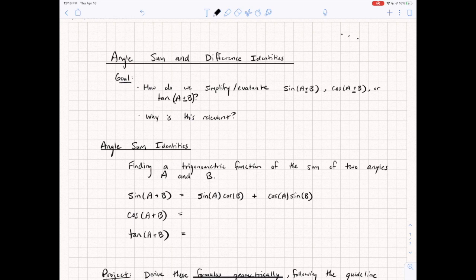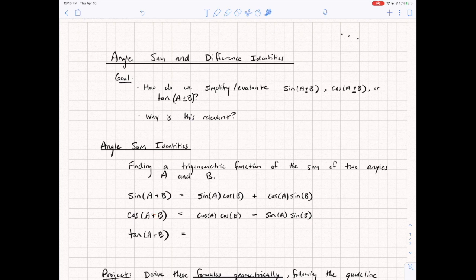Now, cosine of A plus B looks a little bit different than sine. It's cosine of A, cosine of B, minus sine of A, sine of B. This is the format for cosine. One of the ways that I help to memorize between sine and cosine, first off, is that the sign, if I'm adding here, stays the same for sine.